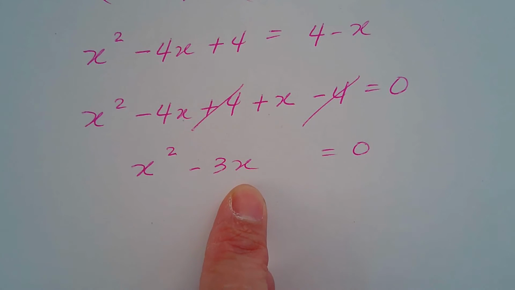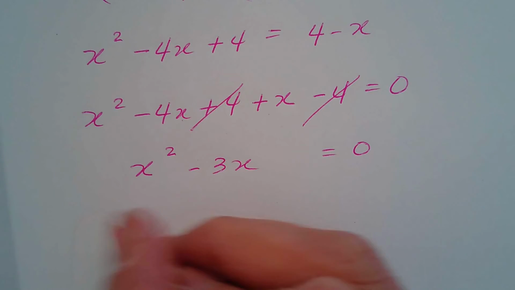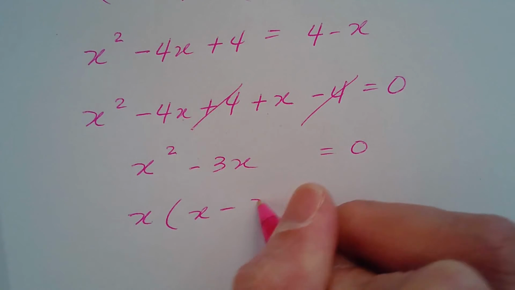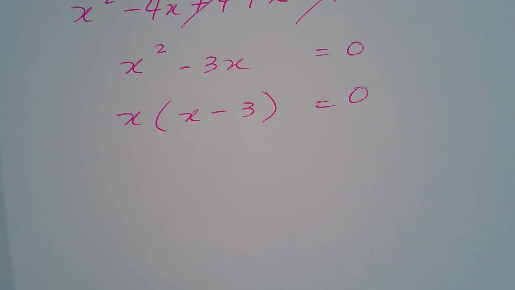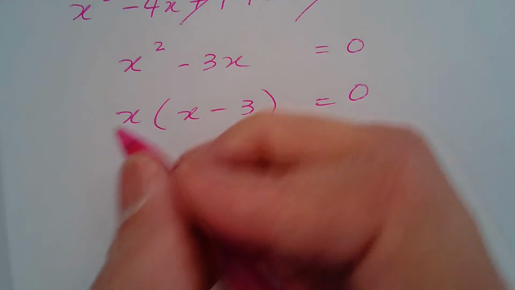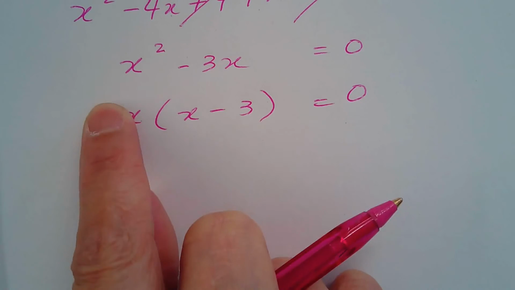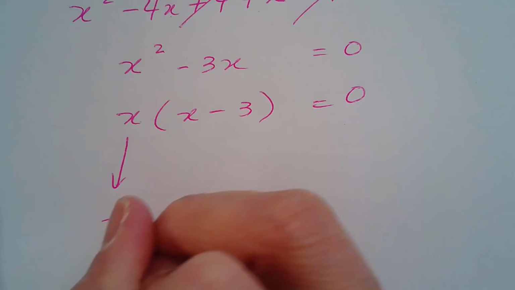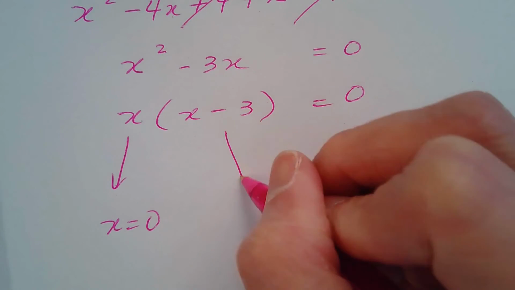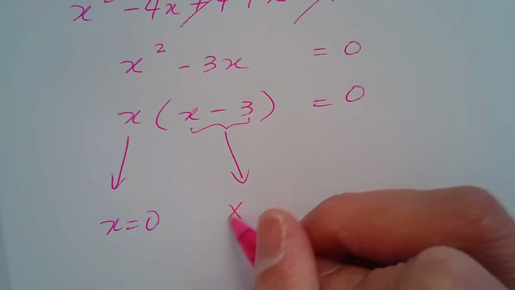Well, we can solve it by factoring or quadratic formula. Common factoring, so x times x minus 3 equals 0. So we have the zero product property. That's what we're trying to do here. So what will make this factor 0? x equals 0. And what makes this factor equal to 0?